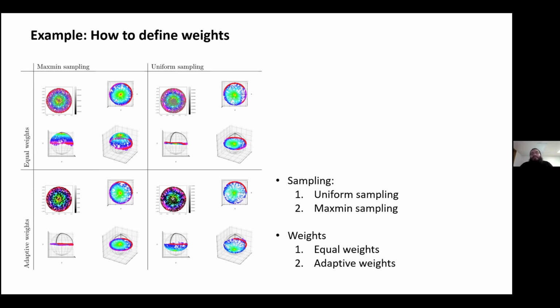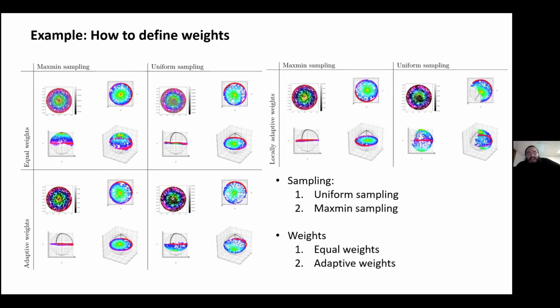This is an attempt to capture that if I have an isolated point, it should weigh a little, but if I have a point that is in a really densely populated region of my data set, it should weigh a lot. That should be the intuition. And I can do it in different manners. The first adaptive one is to fix the radii, and the second one, the locally adaptive, is I allow the radii to change for each landmark, if that makes sense.